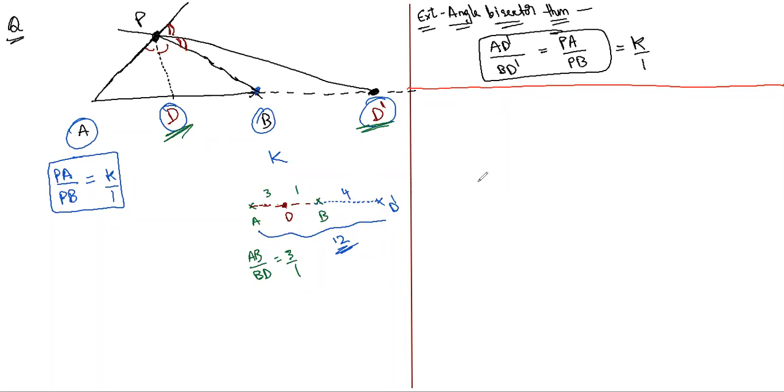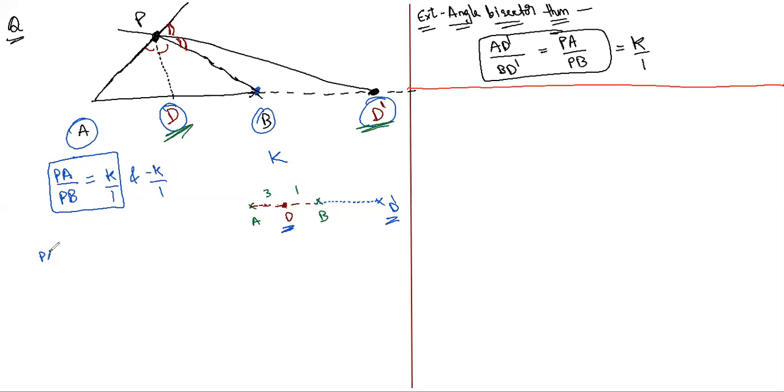So then, can I say you'll always have 2 points which will divide 2 fixed points in a particular ratio? Those 2 points you'll get by using the section formula, once when you put k is to 1 and another time when you put minus k is to 1.